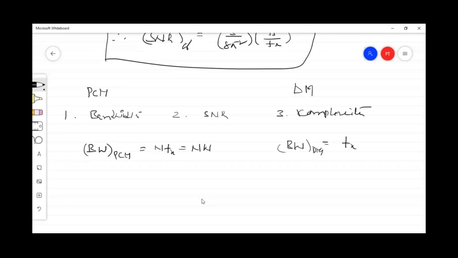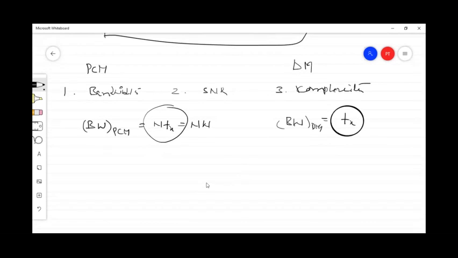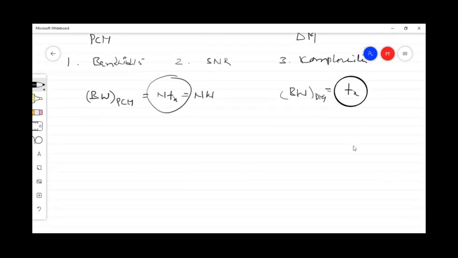So when you compare n fx and fx, n fx means n times fx, which is the bandwidth required in case of PCM, whereas fx, the bandwidth of the message signal, is the bandwidth of the delta modulation system, exactly the same as the bandwidth of the message signal. So PCM requires more bandwidth than the delta modulated system, isn't it?